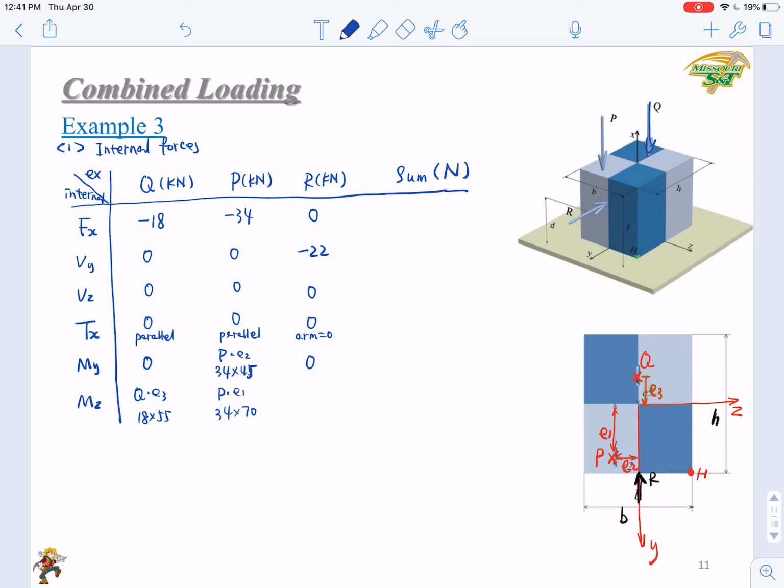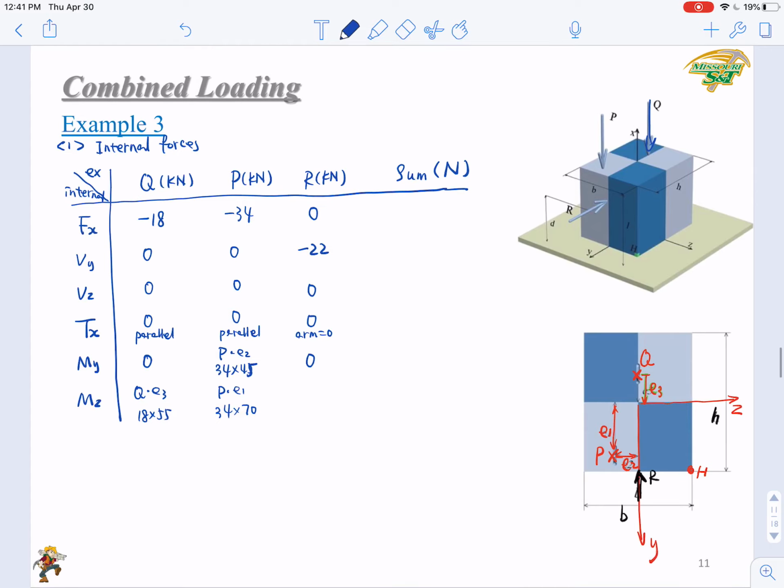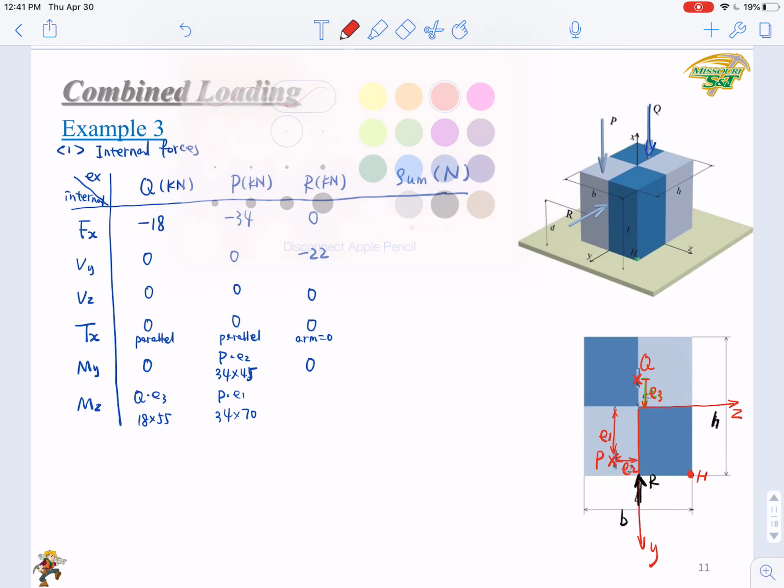Mz, we have Mz, right? The R, look at the R here. The R is here, right? So it has a distance, right, to the cross section. It has a distance of d, right? This is the distance d.